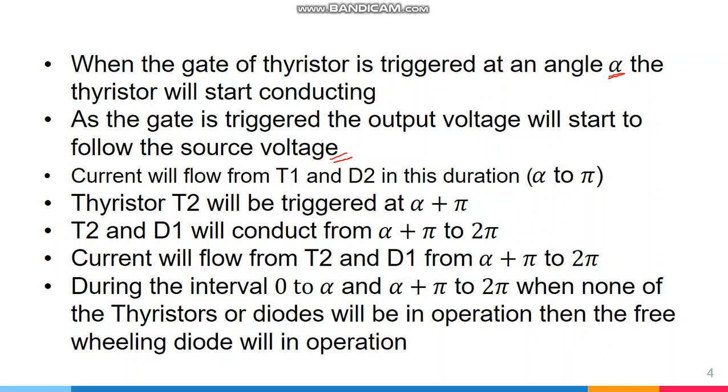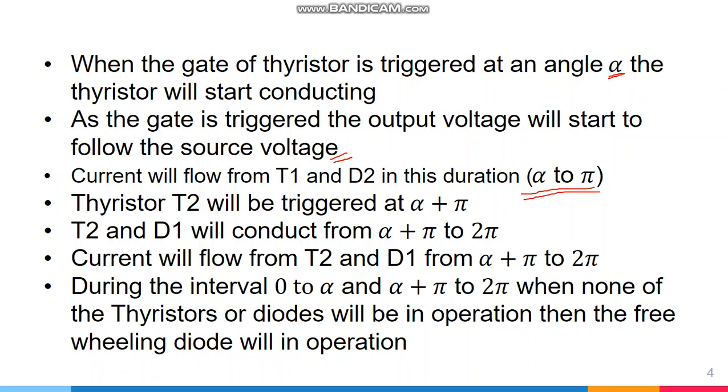When the thyristor or the diodes are in reverse bias condition, the source voltage will appear across that thyristor or diode, but once they start conducting, the voltage drop across them will be zero, and the voltage will appear at the output same as that of the source voltage, and the current will flow from T1 and D2 for the duration alpha to pi, when I am considering that I am firing the gate of this thyristor at angle alpha.